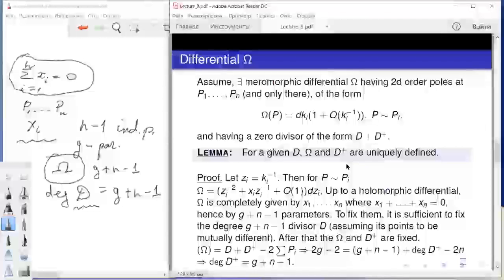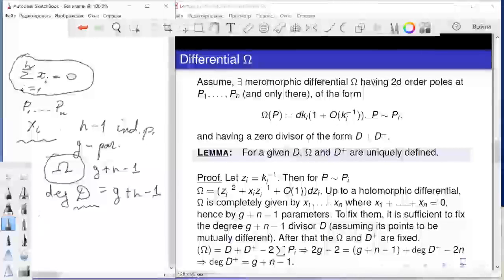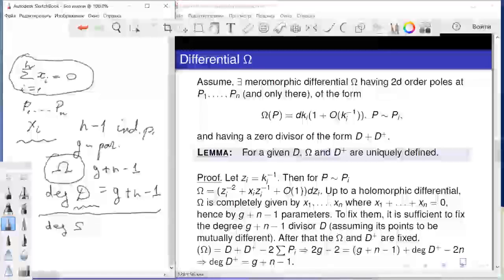In addition to this statement, we know that the degree of the divisor of any meromorphic differential is equal to 2g minus 2. This is the degree of the canonical class.